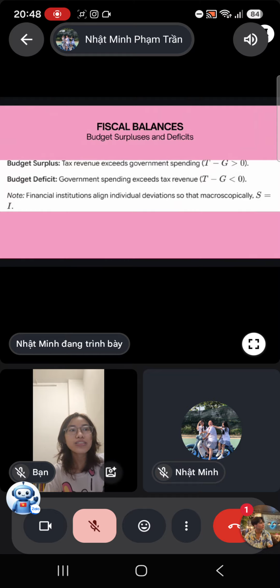Okay, let's move to policy one, saving incentive. The government policy directly shifts this equilibrium. Consider policy one, saving incentive.